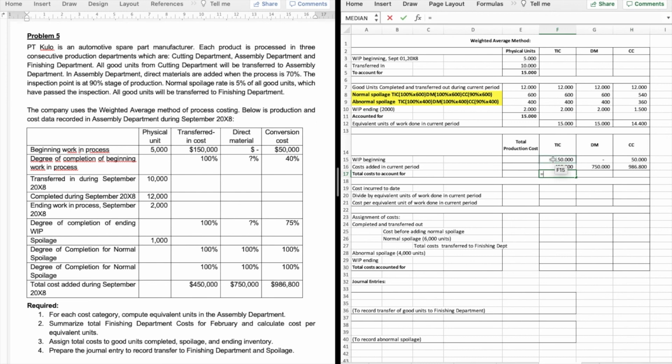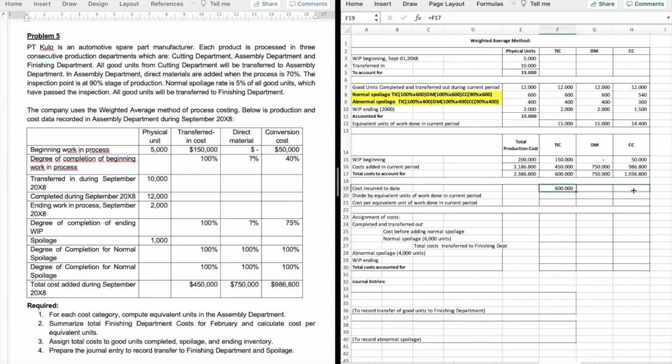So we have the total cost here by adding the beginning work in process with the cost added in the current period. And also don't forget to calculate for the 3 categories here. And now, since we are using the weighted average method, the cost incurred to date is the same as the total cost to account for.